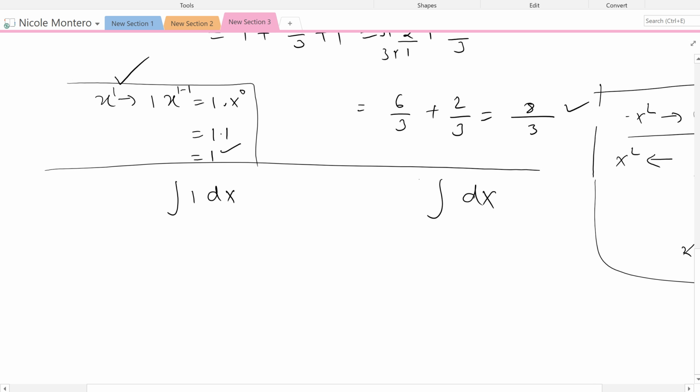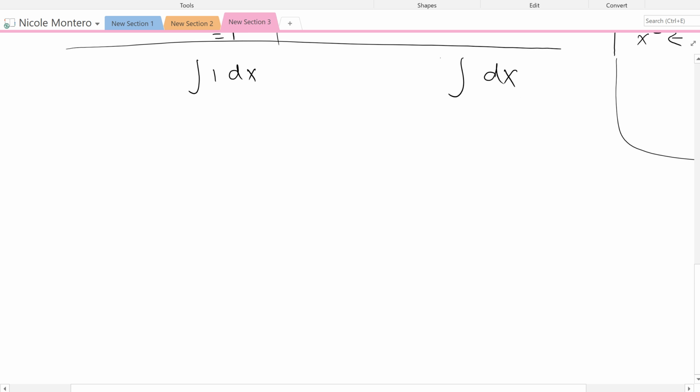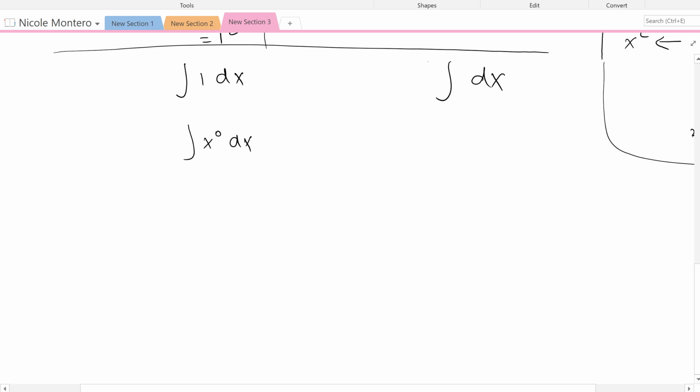The second way is, if you don't want to use any logic, just look at this. We know that x raised to 0 is 1. So we simply replace 1 by x to the power 0, and the antiderivative of x to the power 0 is x raised to 0 plus 1, divided by 0 plus 1, which is just 1, plus c.